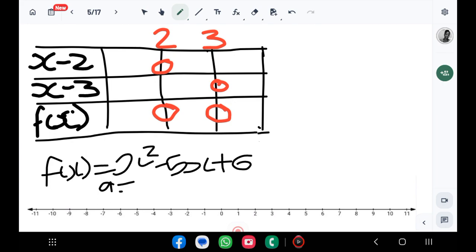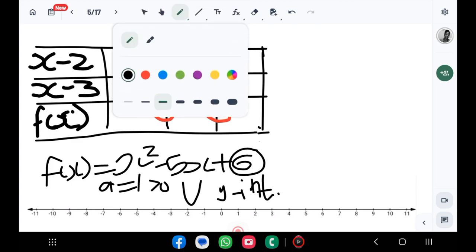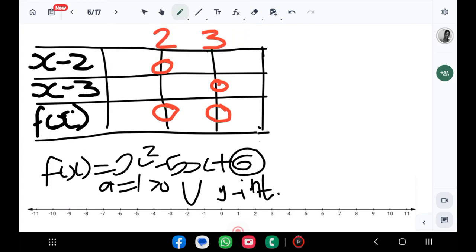Your a is positive, it's equal to 1, so that means your arms are going to look up. That is very important. Your y-intercept is 6, so your graph will cut the y-axis at 6. You can draw this graph in a more elaborate manner, but it's really not necessary. You can simply draw your graph like this.